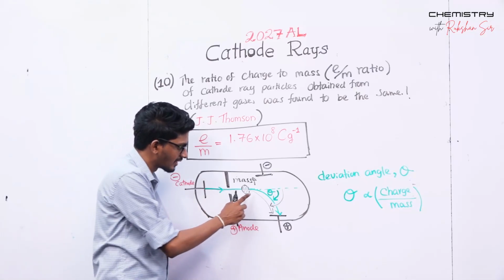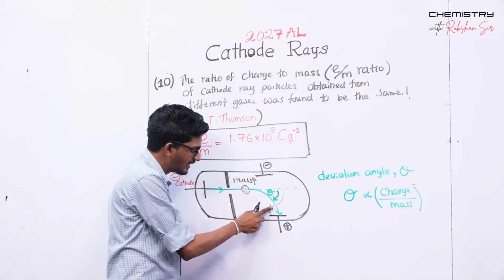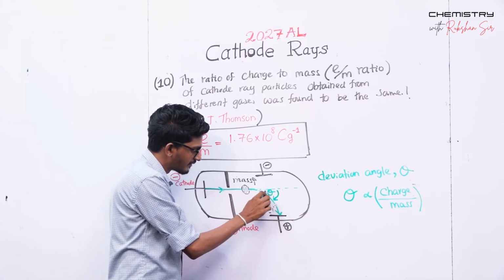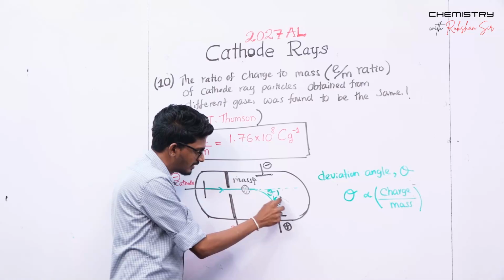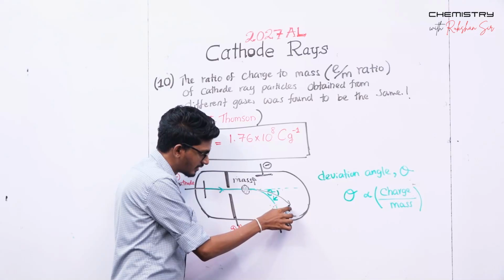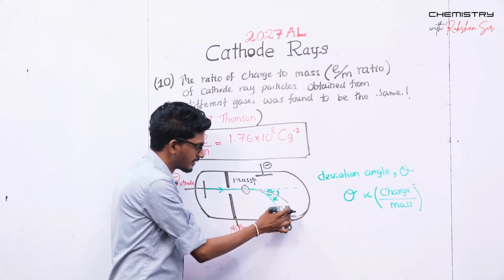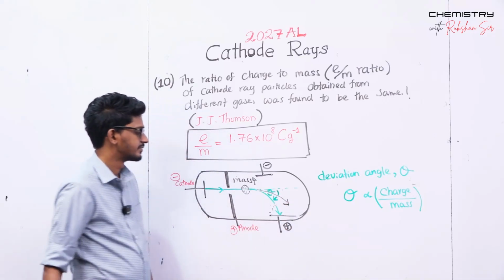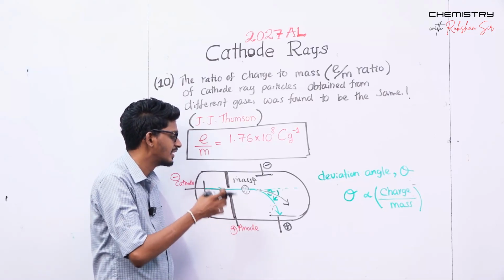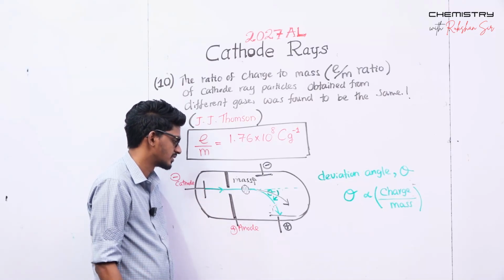So, if the mass is high, you won't deviate like this. The deviation will be smaller than this if the mass is high. Less deviation because you are not keen to change your movement.